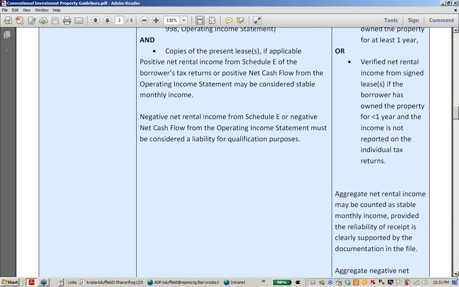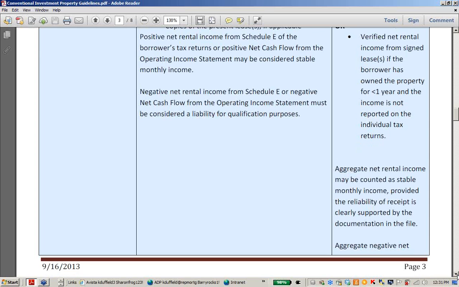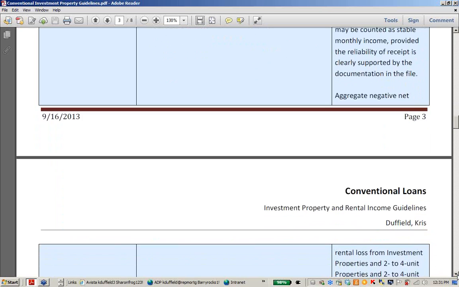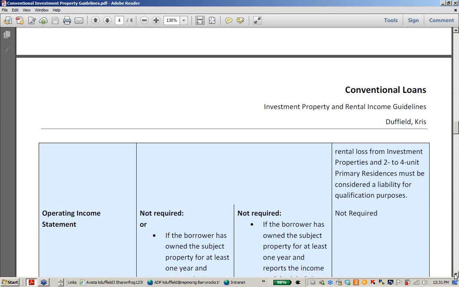Aggregate net rental income may be counted as stable monthly income provided the reliability of receipt is clearly supported by the documentation in the file. Aggregate negative rental loss from investment properties and 2 to 4 unit primary residence must be considered a liability for qualifying purposes. And again, we're not going to require operating income statements for their other rental properties.